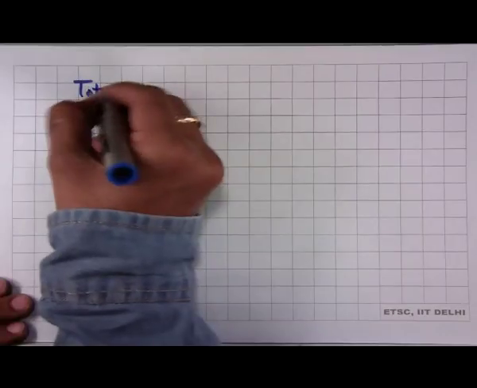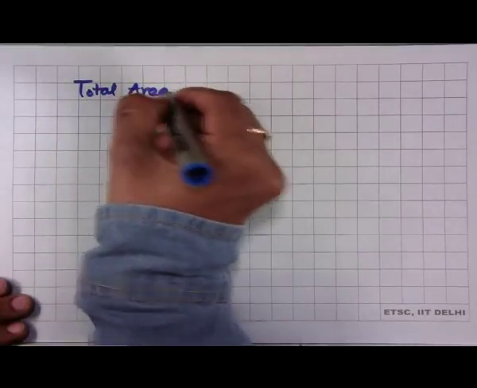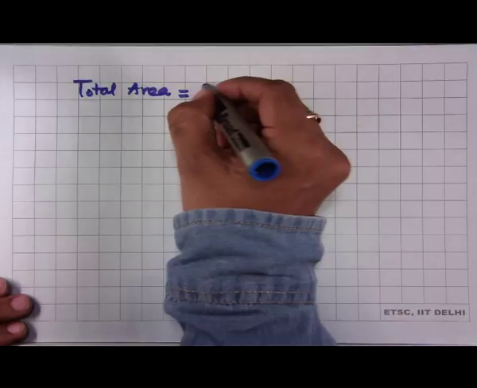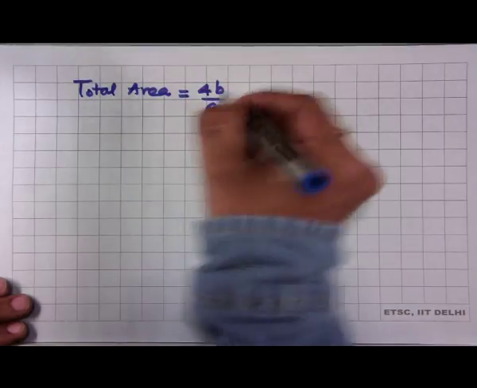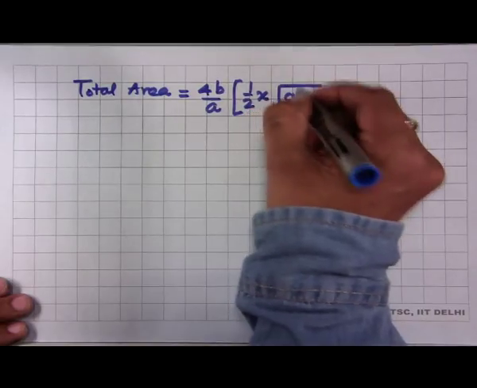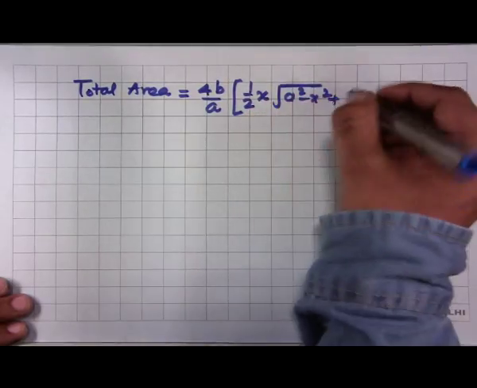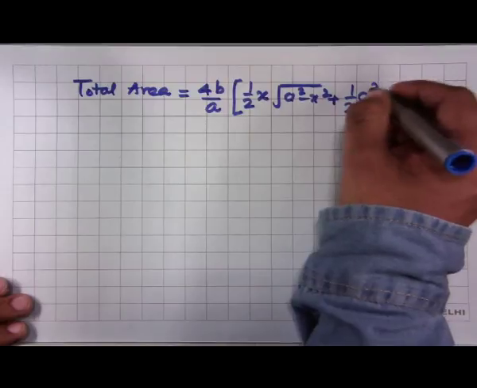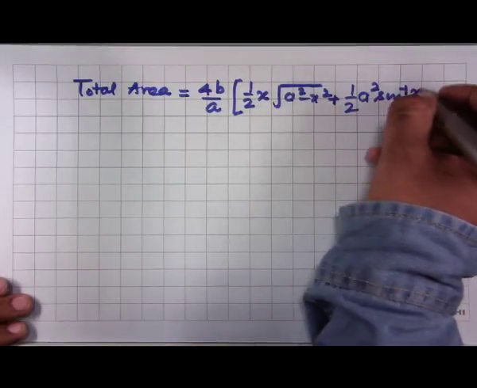Total area is therefore 4b by a [1 by 2 x under root a square minus x square plus 1 by 2 a square sin inverse x by a].